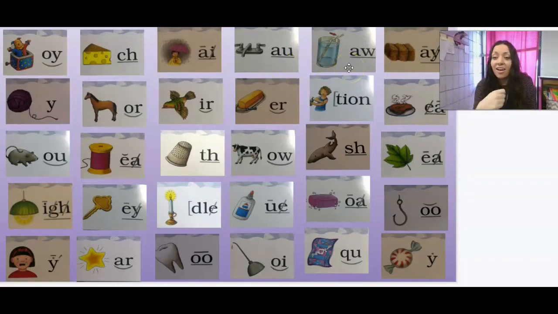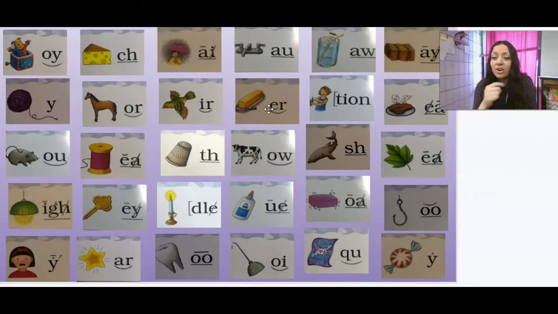Straw, ah, digraph AW. Hay, A, digraph AY. Yarn, Y. Horse, or, combination, OR. Bird, combination, IR.